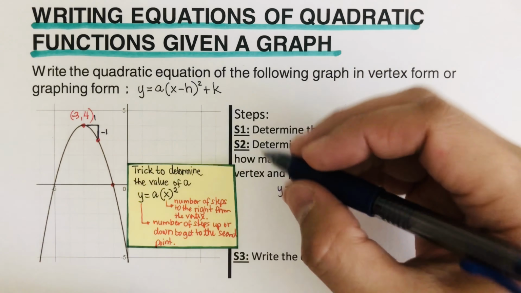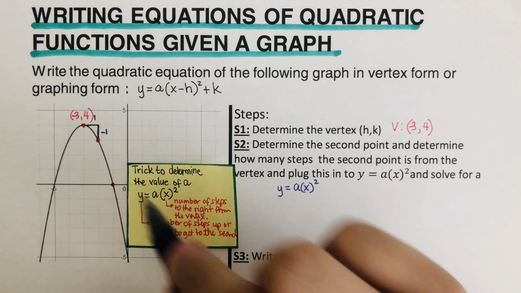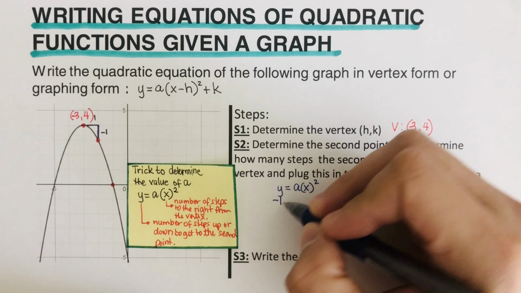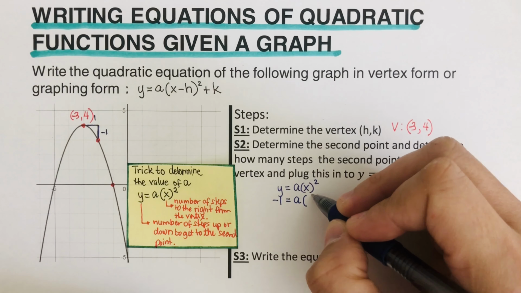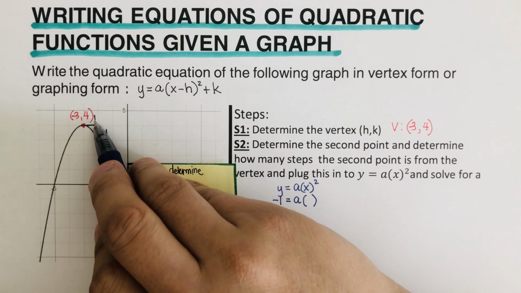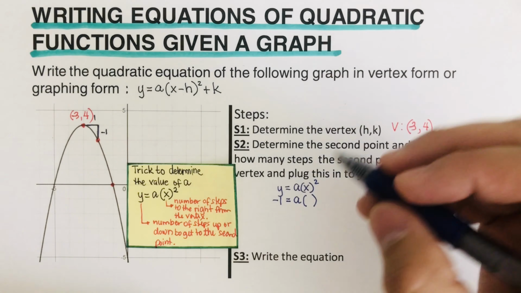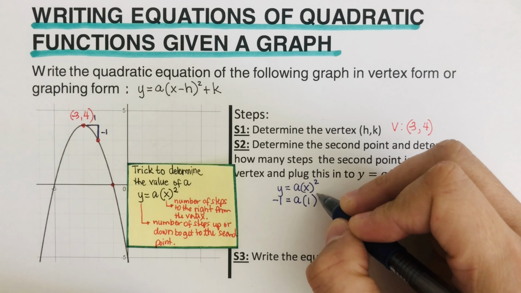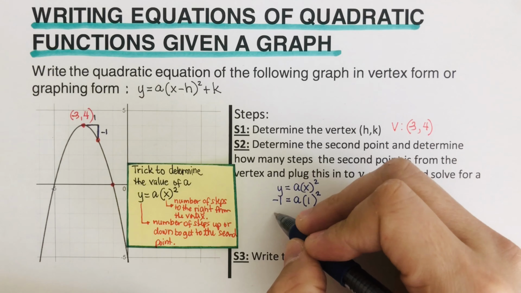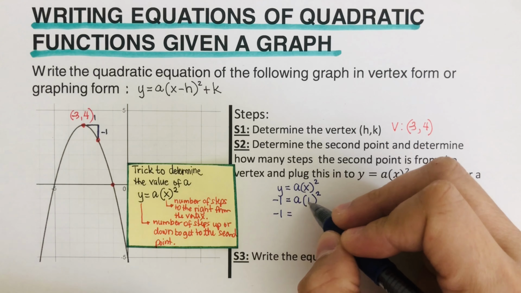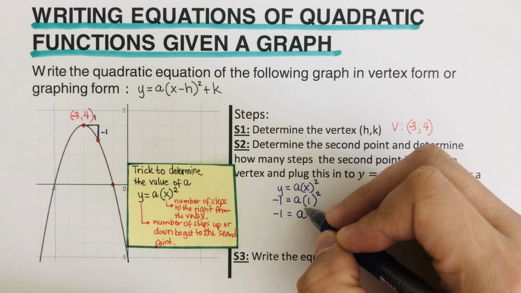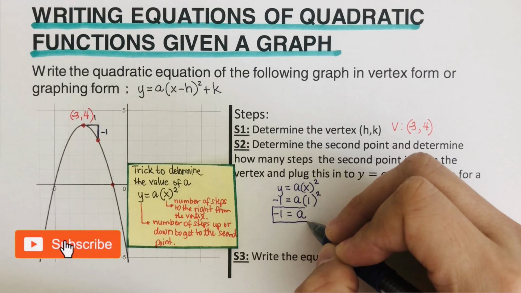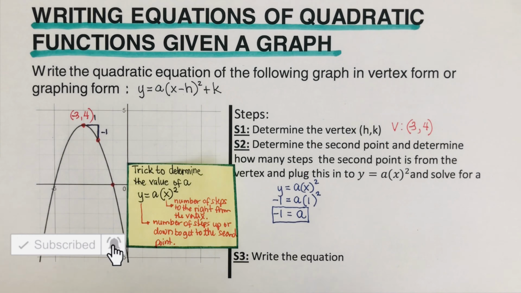Our y is the steps to go down, so negative 1 equals a, which is missing, times x squared, where x is the steps that we move to the right, and that is 1, squared. So negative 1 equals a times 1 squared, which is just 1. Therefore our a is negative 1.